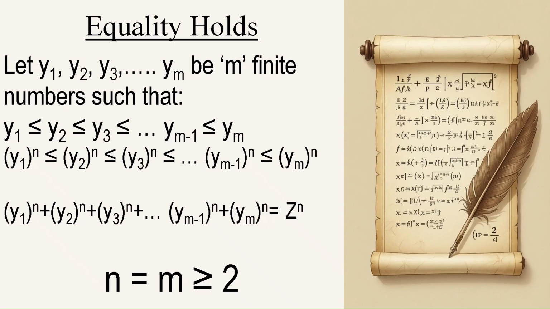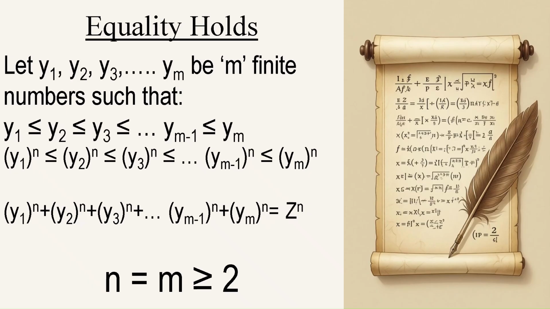Furthermore, we may also examine the problem from another perspective, considering the case where the equality holds exactly, and reformulate the expression accordingly. Let us take the variables y1, y2, y3, up to ym be m finite numbers such that y1 is less than or equal to y2 and so on.